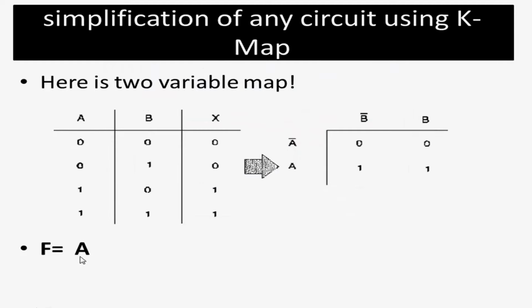As you can see, we have simplified our function into a. Before, we had two variables, and now we have one variable left, so we have already simplified our function.